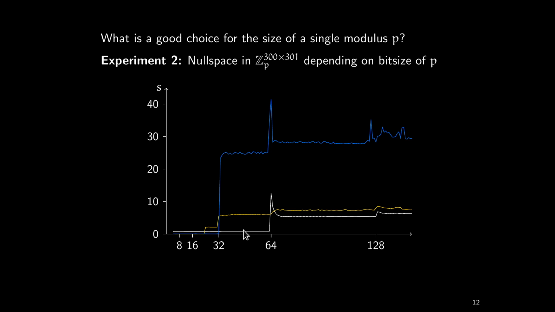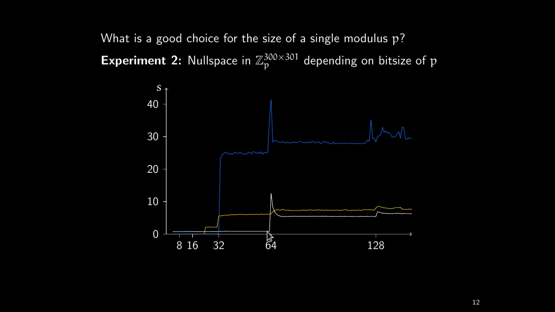You want to choose not smaller than necessary, because that would mean you need more primes. You don't want to use more primes than necessary. That's why you want to choose big primes. But also you want primes to be smaller than this jump, because after this jump you have to pay much more for a single instruction.